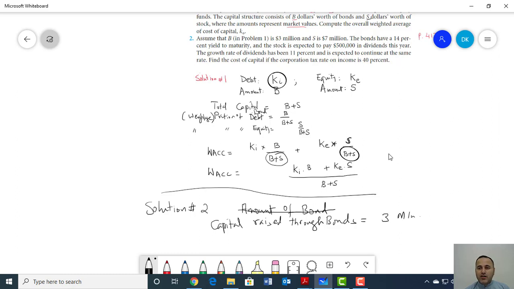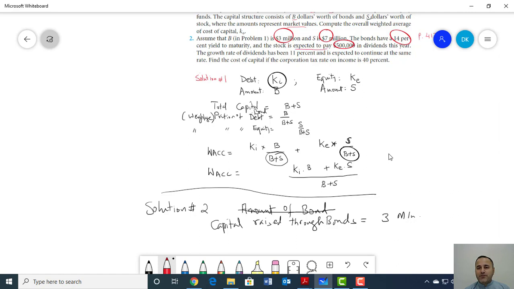3 million is the amount of capital that we raise through bonds, and 7 million is the amount of capital that we raise through stocks. The bond has a 14% yield to maturity, and the stock is expected to pay $500,000 in dividends. Please pay attention to this word, expected to pay.